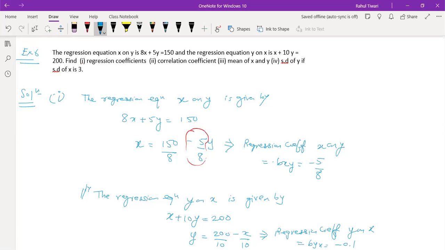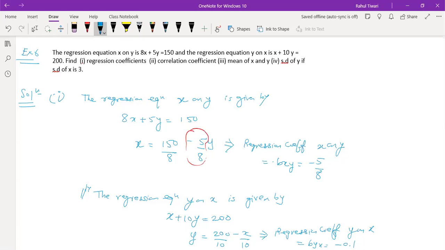Once in an exam, a student came to me and said, sir, where did you ask bxy and byx? He was from a BCom background, because in BCom also I was taking that regression part, linear regression. He asked me very loudly, sir, where did you ask this regression coefficient, like byx and bxy? How do we know that?